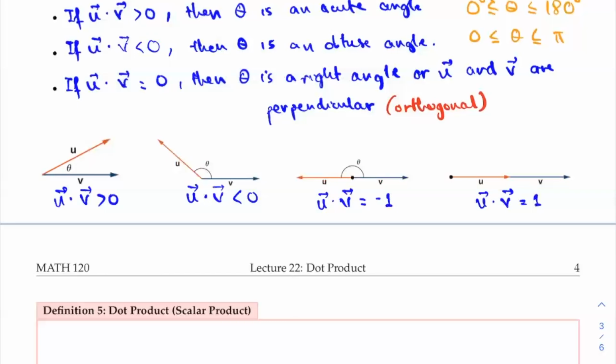In practice, most of the time we use the following formula to calculate the dot product between two vectors.